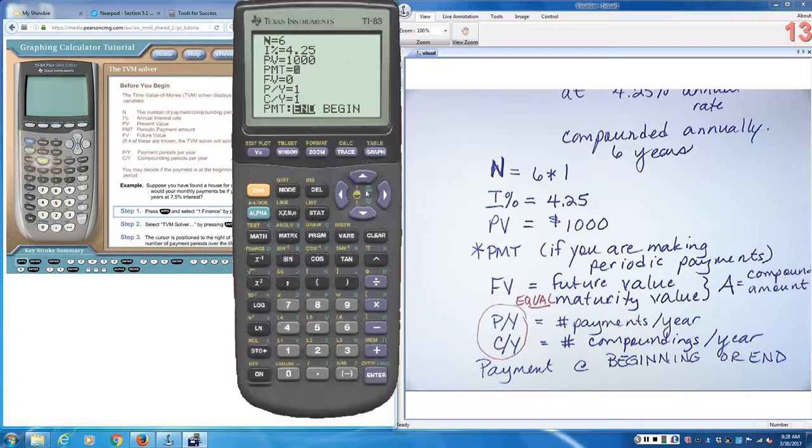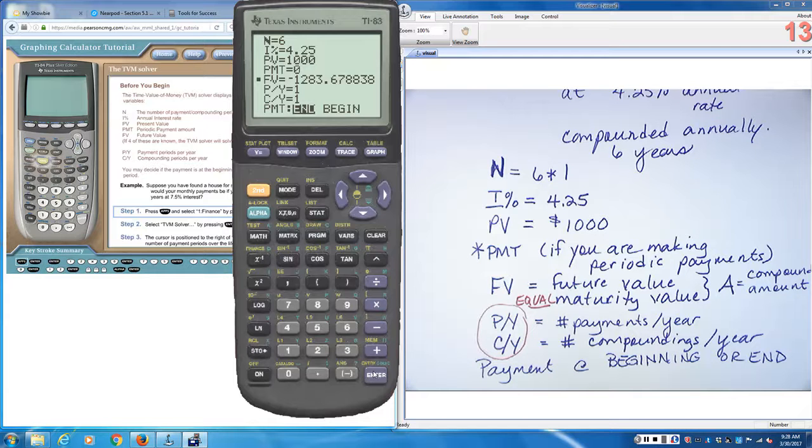And then all you have to do, it says, what is the compound amount? Well, that's future value. So you put your cursor on FV for future value, and you hit your alpha and your enter button to solve. Now on the 84 it may be different, so let me look. No, it's the same.